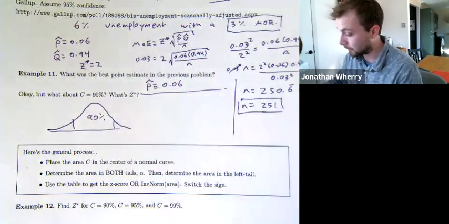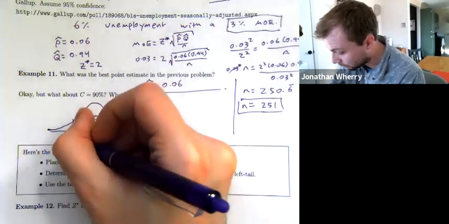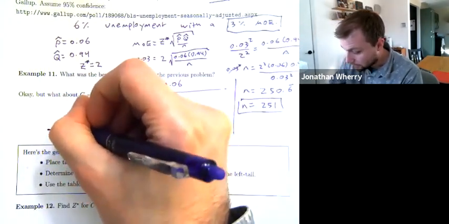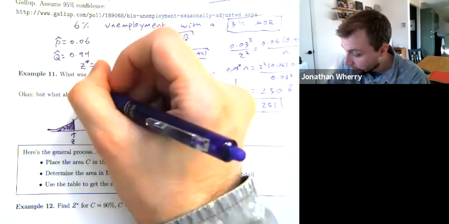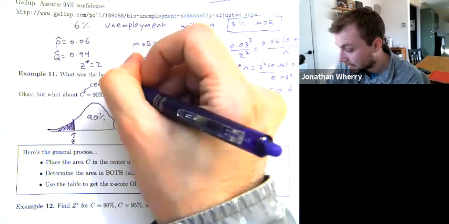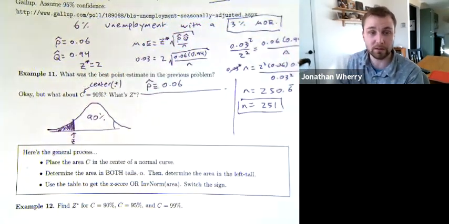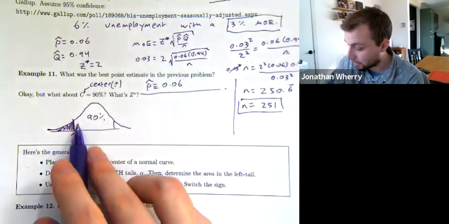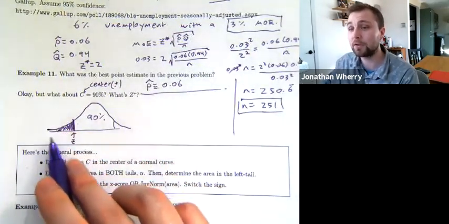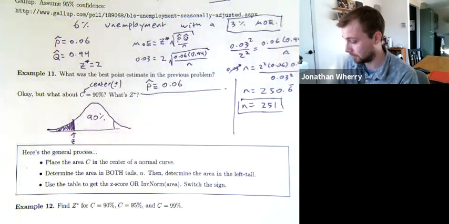So my goal here is to find the Z-score for this little tail that's shaded to the left. C is always in the center because it's always part of this plus or minus part of the confidence interval. To find the Z star, I always have to rephrase this as the area to the left. Your table is shaded to the left.